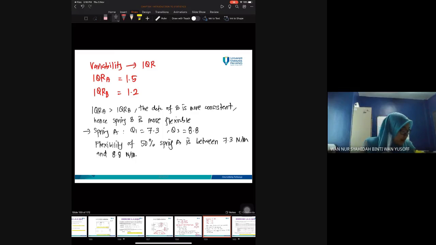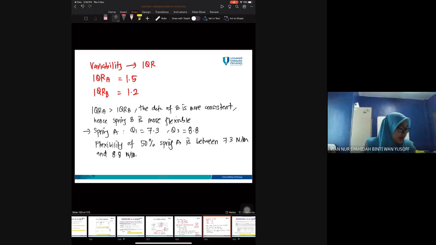We can write that the flexibility of 50% of spring A is between 7.3 and 8.8, because the distance between Q1 and Q3 is about 50% of your data set.